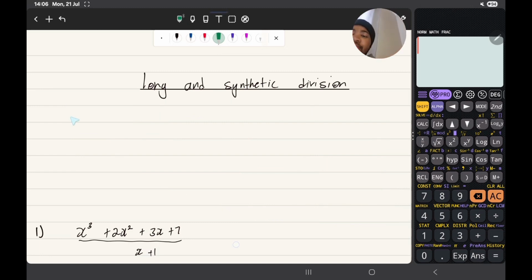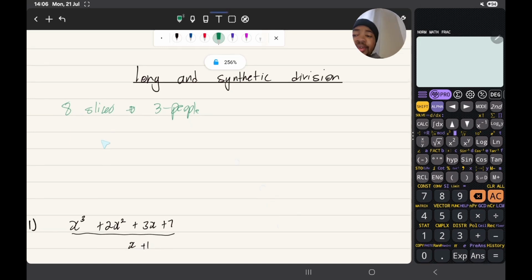So overall there are 8 slices and there are 3 people. When you try to share those 8 slices among these 3 people, you'd find 8 over 3 is 2 and 2 over 3.